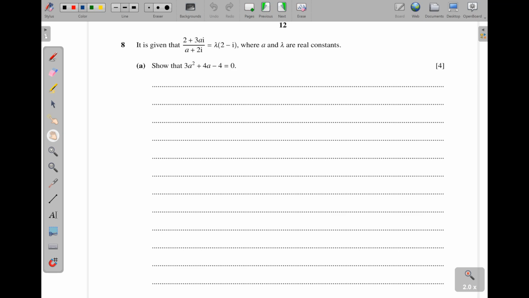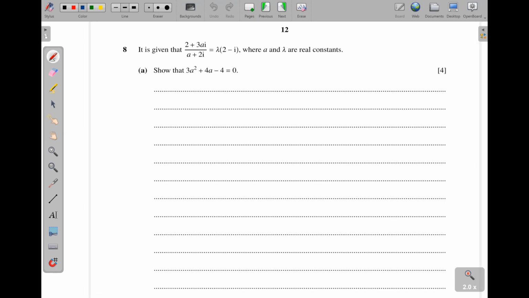Question 8. It is given that 2 plus 3ai over a plus 2i is equal to lambda times 2 minus i, where a and lambda are real constants. Show that 3a squared plus 4a minus 4 is equal to 0. Alright, we can begin by cross multiplying.